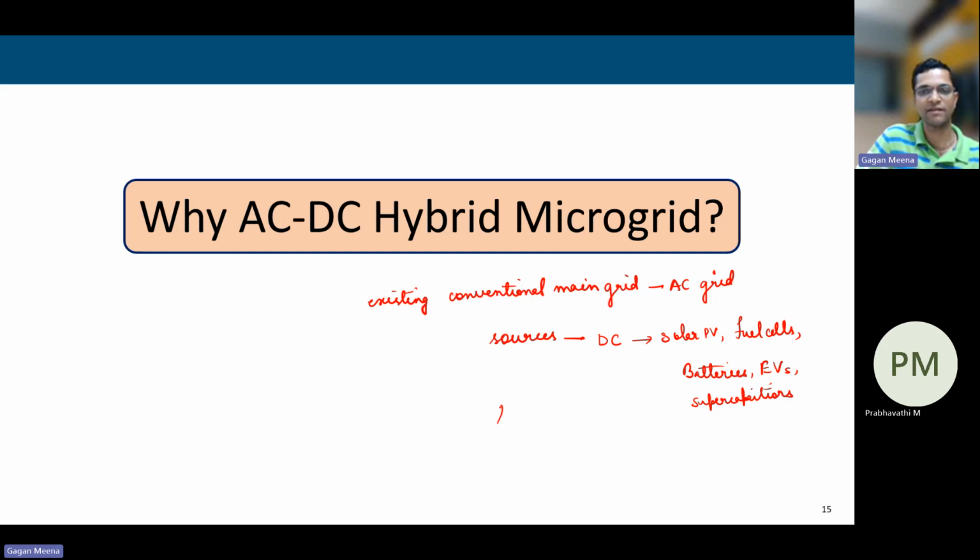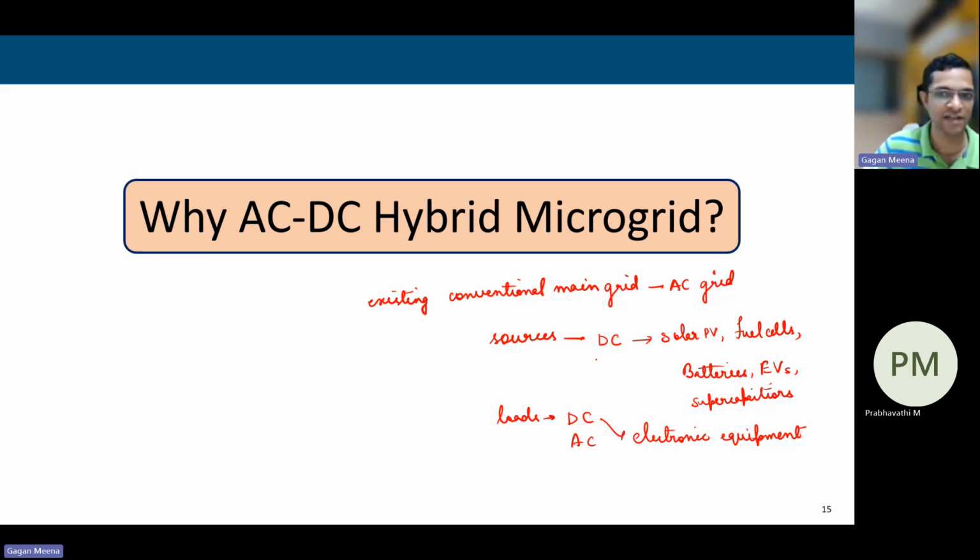Similarly, we have loads also, both AC as well as DC. These electronic equipments are all DC. Internally, they work on DC. Externally, we need to convert the AC into DC because the main grid is AC.